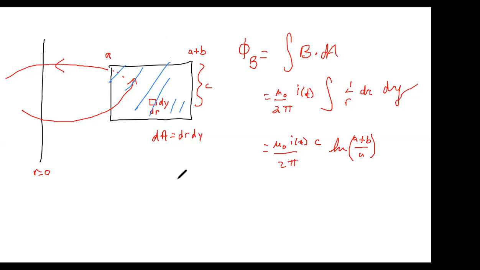And then how did you get a plus b over a? Well, what's the outer radius? A plus b. And the inner one is a. And log of a plus b minus log of a equals log of a plus b divided by a. And that's actually how you should always write it.